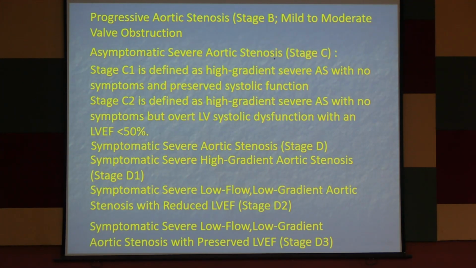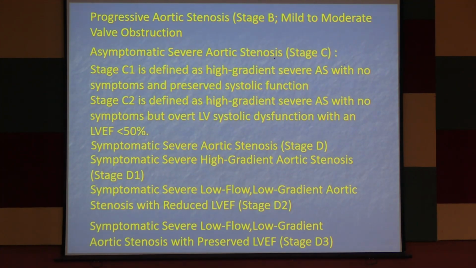Stage B, mild to moderate obstruction, that is the progressive aortic stenosis. Stage C, asymptomatic severe aortic stenosis, C1 with normal ejection fraction and C2 with reduced ejection fraction. D, severe aortic stenosis, that is symptomatic. This is the D, symptomatic. Severe high gradient aortic stenosis, D1.